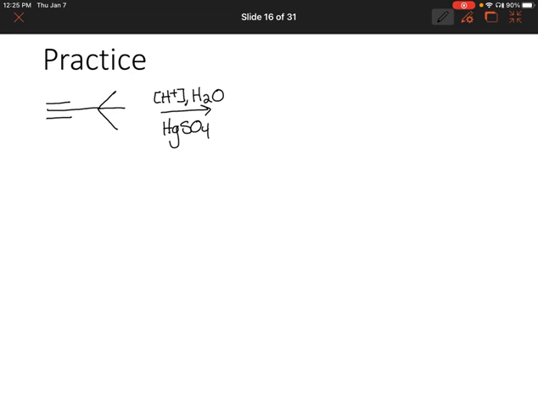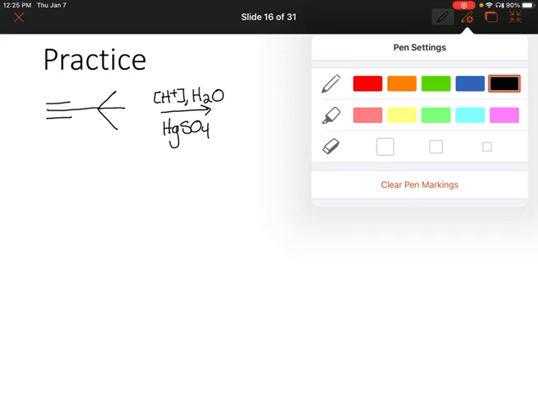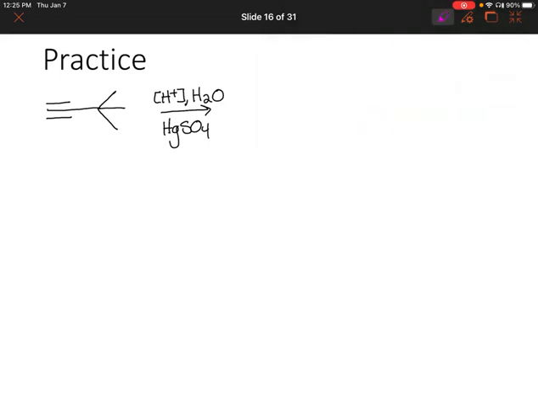Okay, let's go over this problem. So we saw in the last reaction that this acid catalyzed hydration of an alkyne results in an enol. So we know that an alcohol group is going to attach to the more substituted carbon on the triple bond.